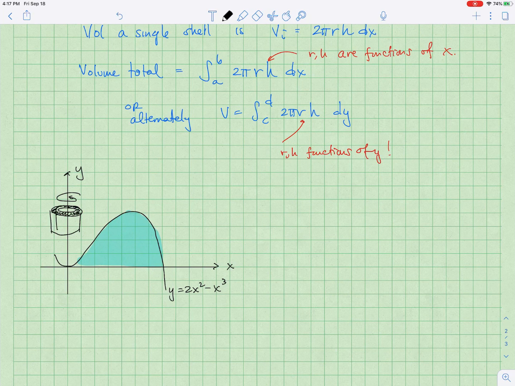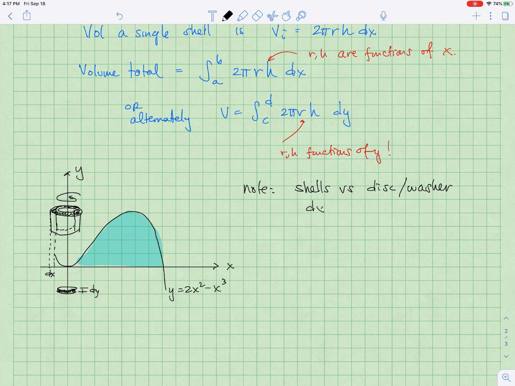Because in this instance, and this is an important concept, the thickness is the thickness of the shell wall, and that's dx, which is quite a bit different than, say, using a disc or a washer, which has a thickness dy. So right off we should note shells versus disc or washer. They use opposite differentials.